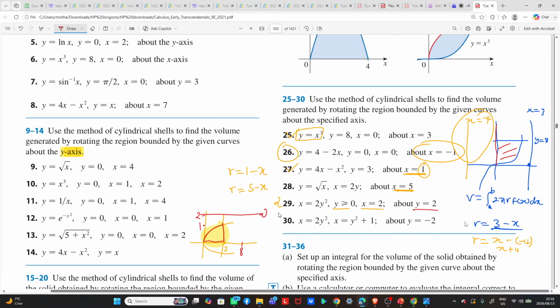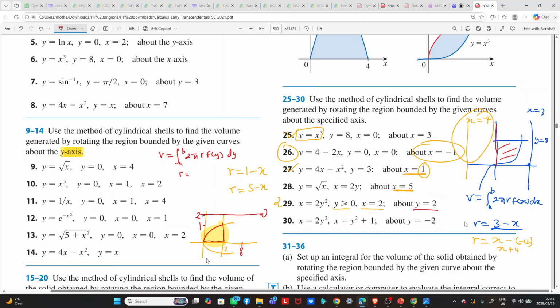Since we're revolving about the horizontal line, we know our integral is going to be in terms of y. So we'll have the integral from a to b of 2 pi r f of y dy. Now what is r?